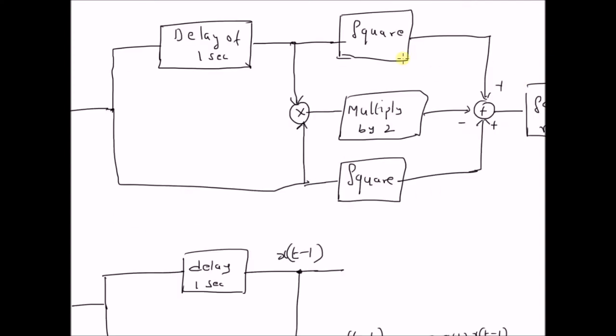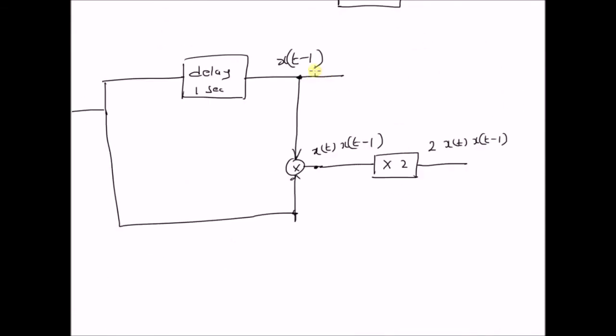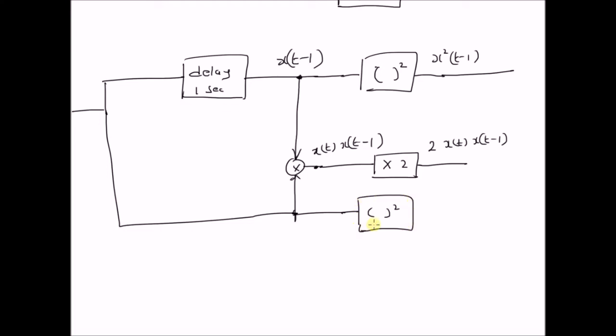And here we have a square both at the top and the bottom. So the square of x of t minus 1, that is, the square of the input, gives us x square of t minus 1. Similarly, at the bottom, the squaring of the original input x of t gives us x square of t.